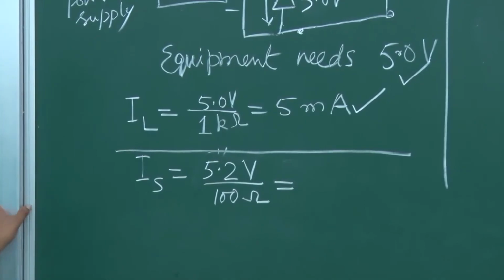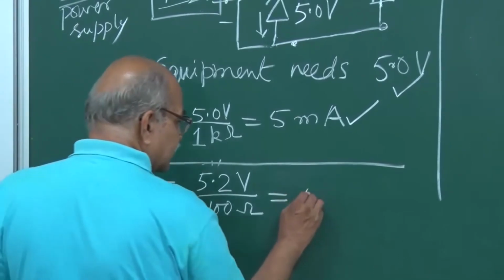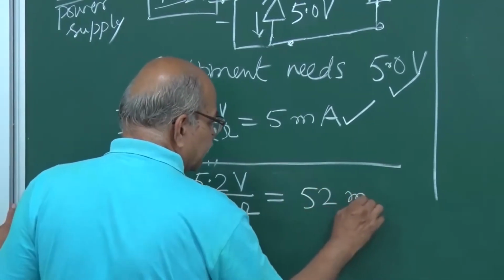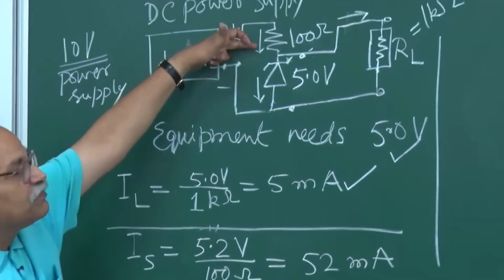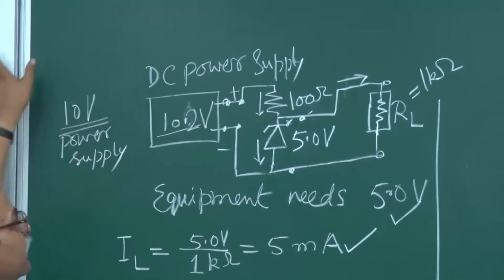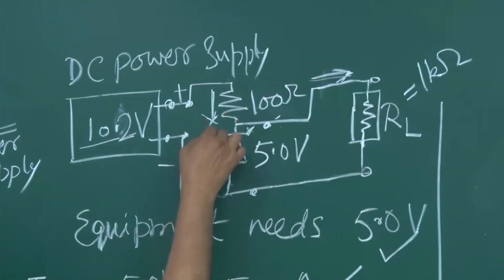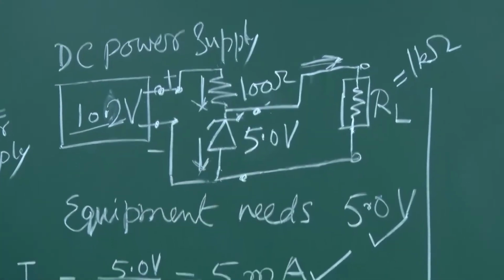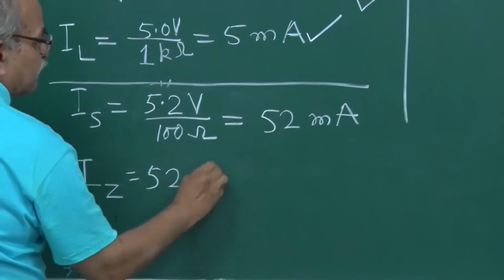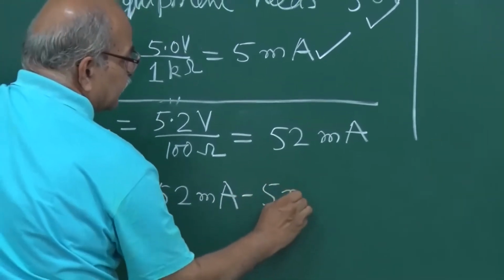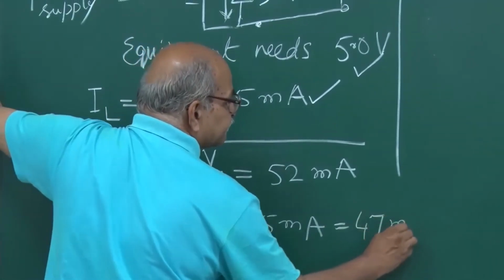It is 0.052 amperes, that is 52 milliamperes. So this current is now 52 milliamperes. Okay, and this is 5 milliamperes. So how much is the current here? IZ is equal to 52 milliampere minus 5 milliampere, and that is 47 milliampere.